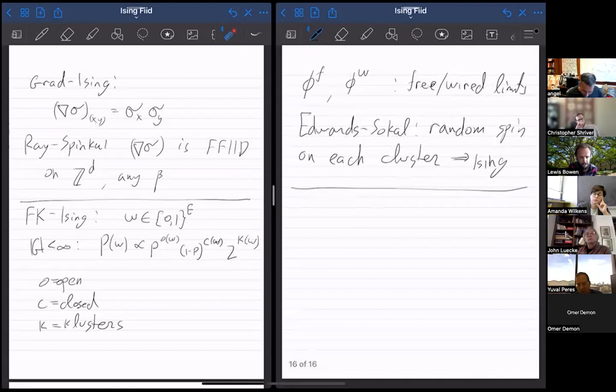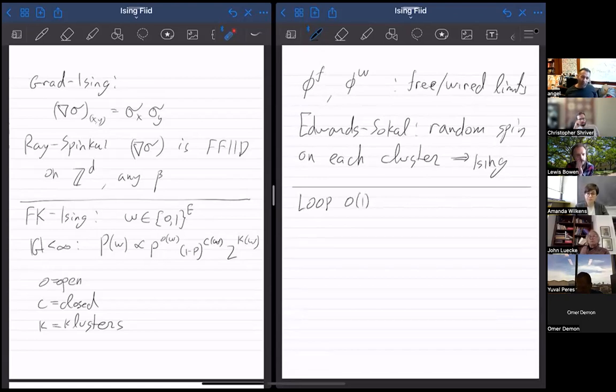Okay, so the final model that we said we would introduce is the Loop O(1) model. The Loop O(1) model, again, is also closely related to Ising, and the connection is through the FK Ising. And here we have a configuration on open edges and vertices.